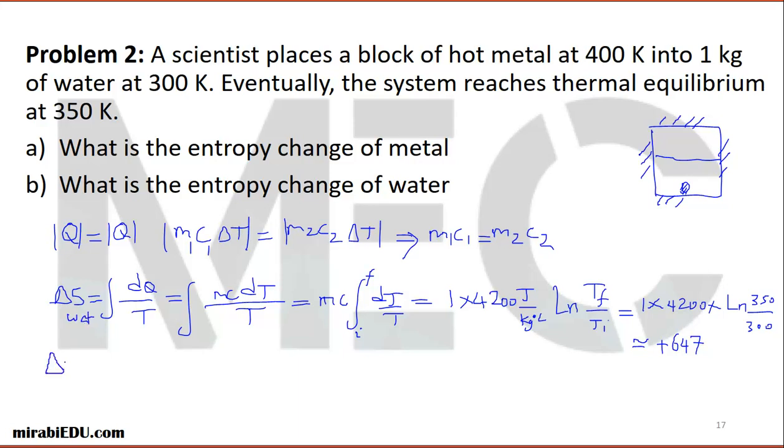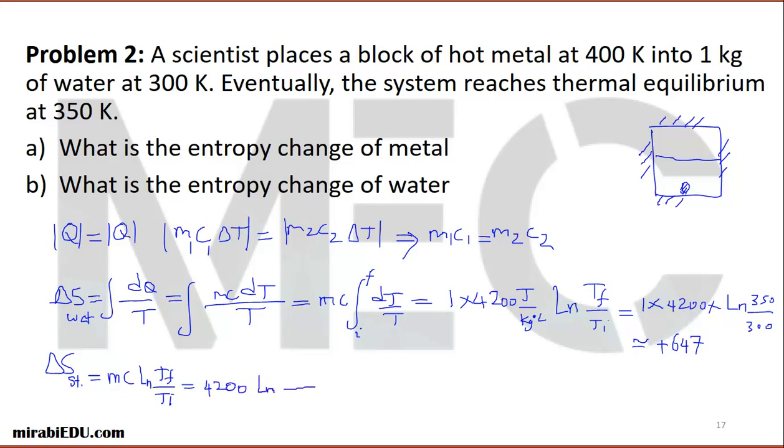What about delta S of the stone? The only thing that changes is, I told you already that mc is the same for water and the stone, so the heat capacity is the same. So let me put 4,200.